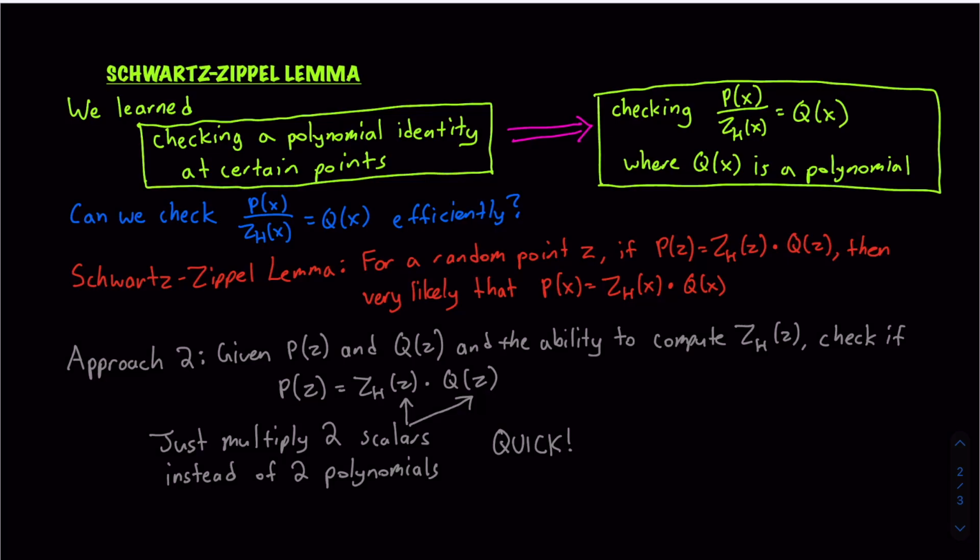As a result, the derived polynomials p of x, z sub h of x, and q of x also have higher degree. This means the prover has more work to do, which is expected. The prover's job scales with the size of the computation. What's remarkable, though, is that the verifier work barely changes. The verifier still receives just the scalar values p of z and q of z, computes z sub h of z at a single point, and checks one equality between field elements.